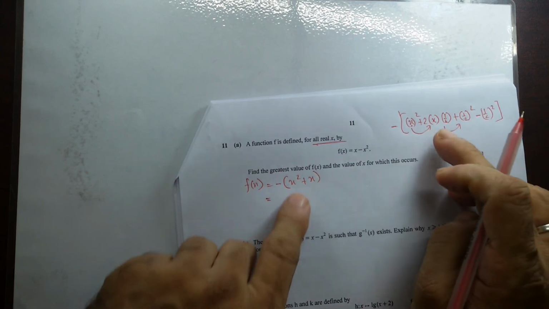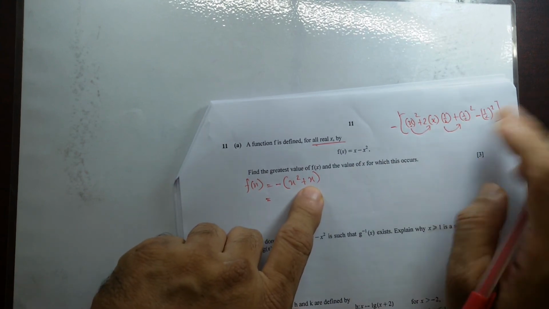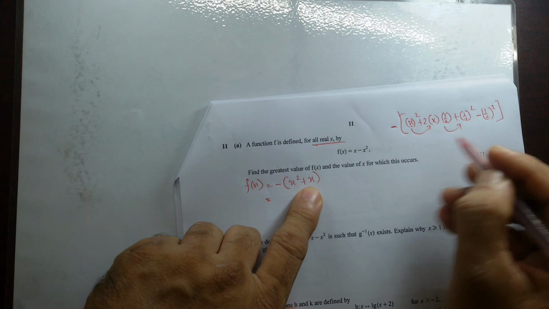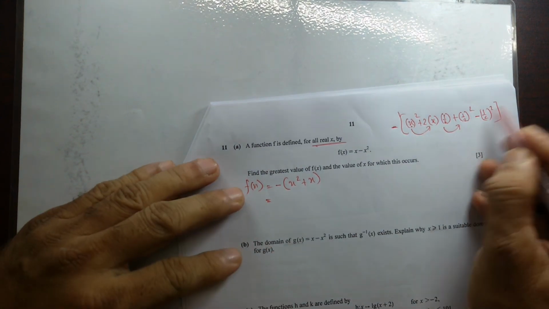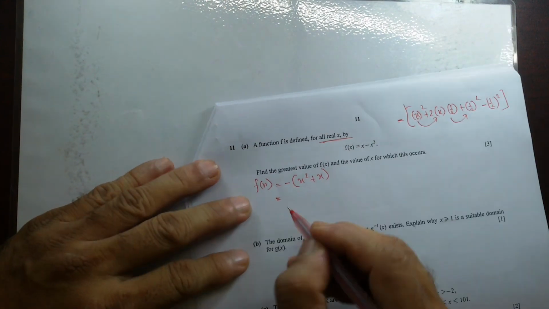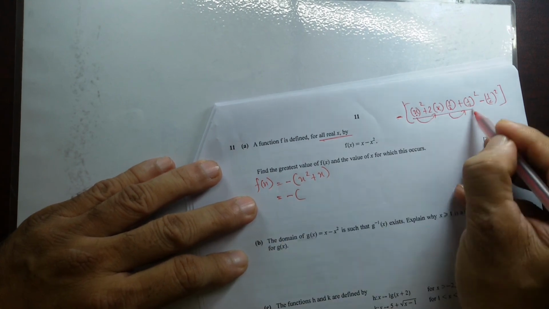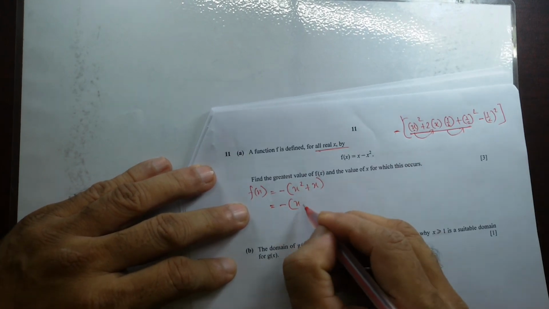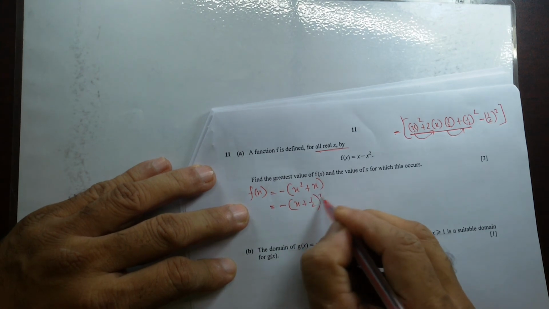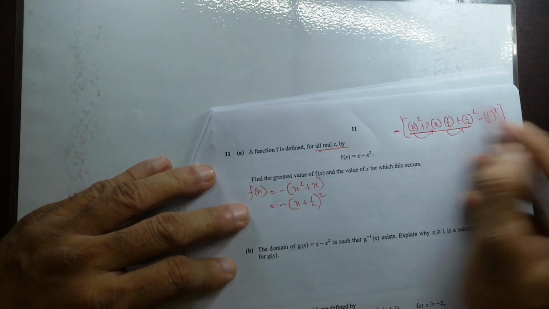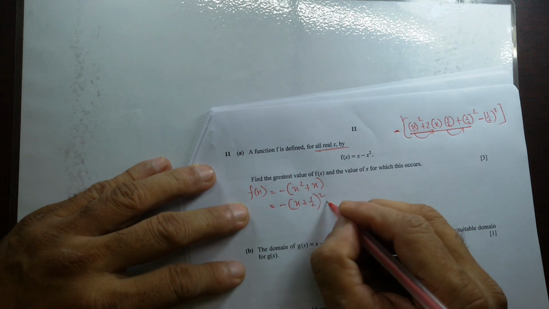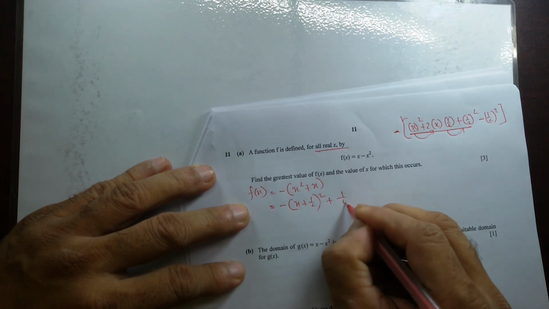So this equals that, and this cancels out. I haven't changed anything. Now if I take this one outside of the bracket, minus times minus is plus, so it's going to be minus (x plus half) squared, and when I take this one outside of the bracket, negative negative becomes positive. It's going to be 1 by 4.